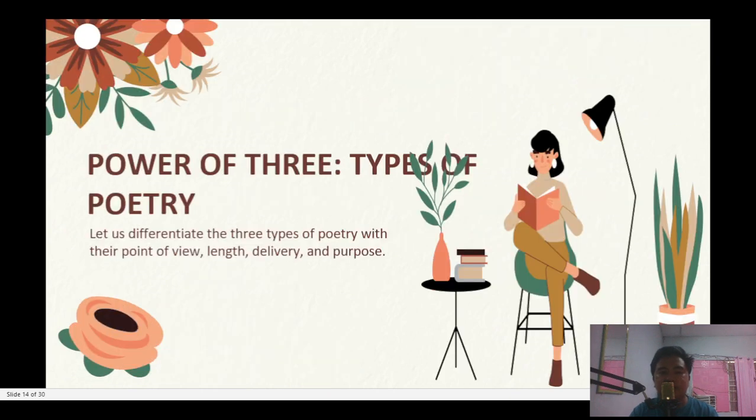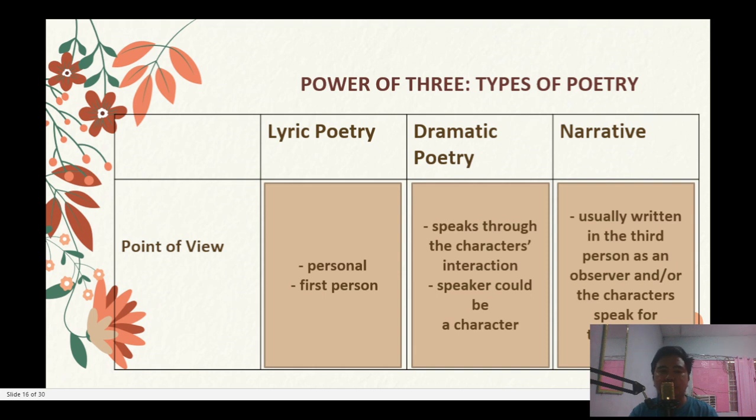Okay? So, let's now differentiate these 3 types of poetry. Number 1, in terms of point of view. Okay? For lyric poetry class, ginagamitan siya ng personal or first person because the writer itself is expressing his feelings and emotions and thoughts to the reader itself. That's why it's called first person.